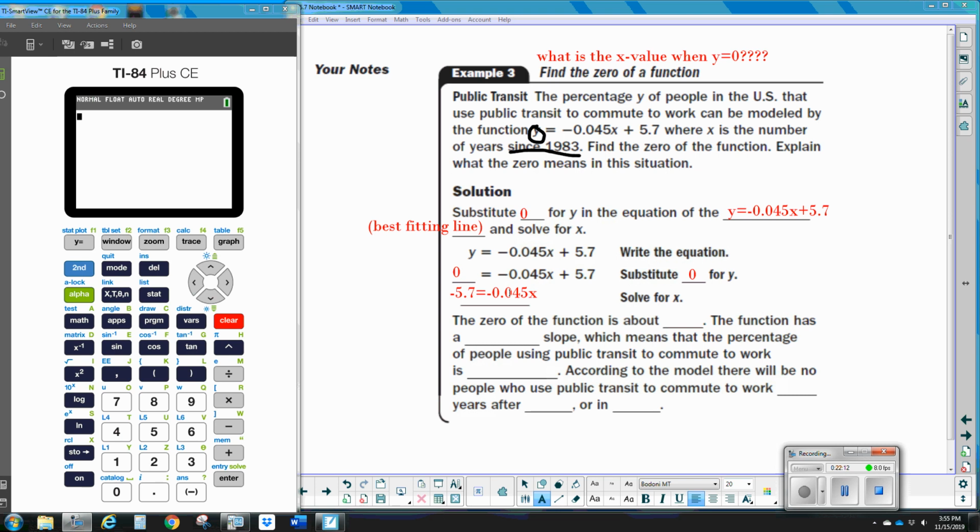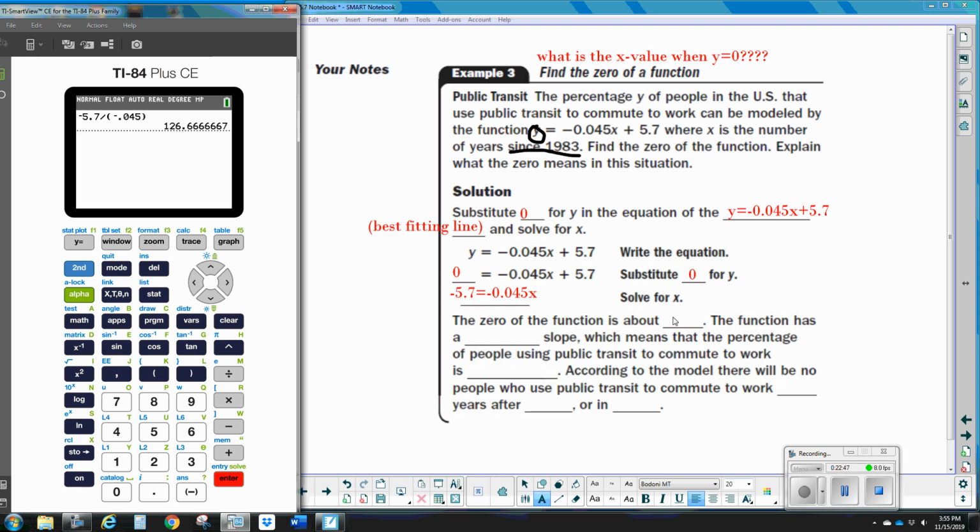I divided by the wrong thing. Okay, so actually what we need to do is solve for x. So we need to take negative 5.7 divided by negative 0.045. We need to divide in order to isolate x. And when we do that, we get 126.66666 repeating. Now, we're already working with decimals, so it's okay to use decimals in our answer.